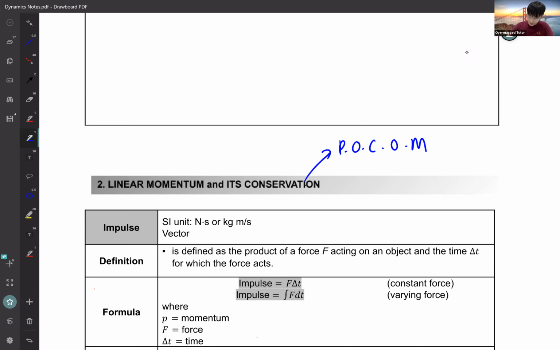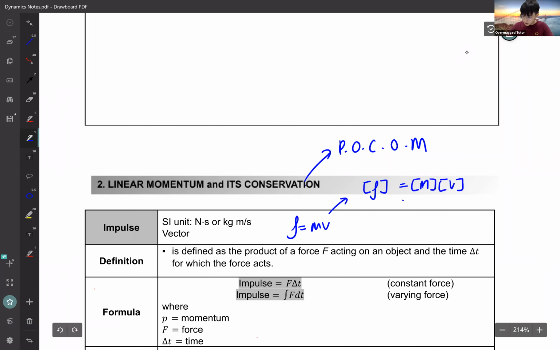Here momentum, once again, is mv, and the units you can obtain from using your chapter 1 knowledge. The units of momentum is the units of mass multiplied by the units of velocity, so you have kg m/s. Another important concept that you must now know is that you can also find momentum from a force-time graph. Take note.